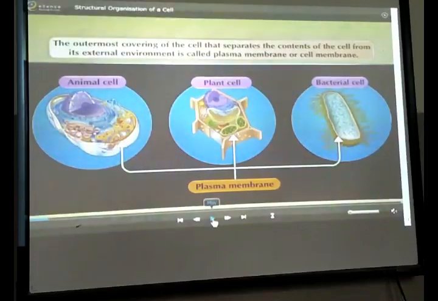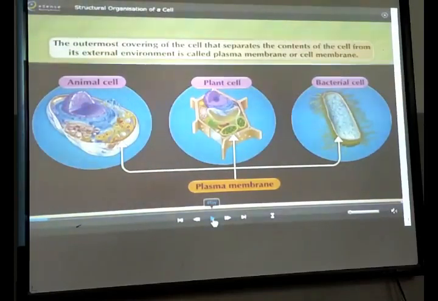Here are the three main components. First we will see the outermost covering of the cell that separates the contents of the cell from its external environment, called the plasma membrane or cell membrane. On the screen we can see the plasma membrane in an animal cell, in a plant cell and in a bacterial cell.